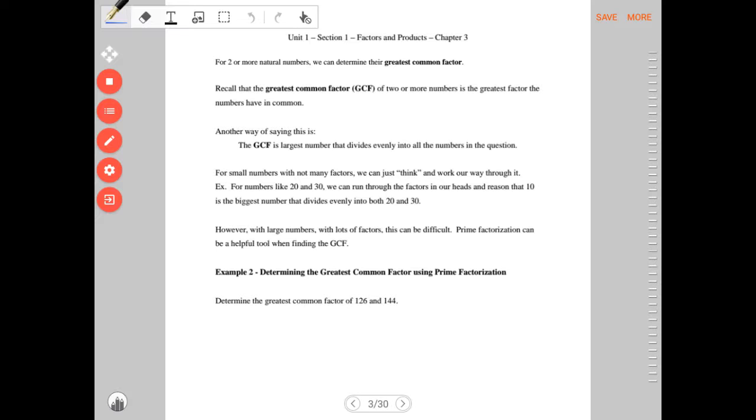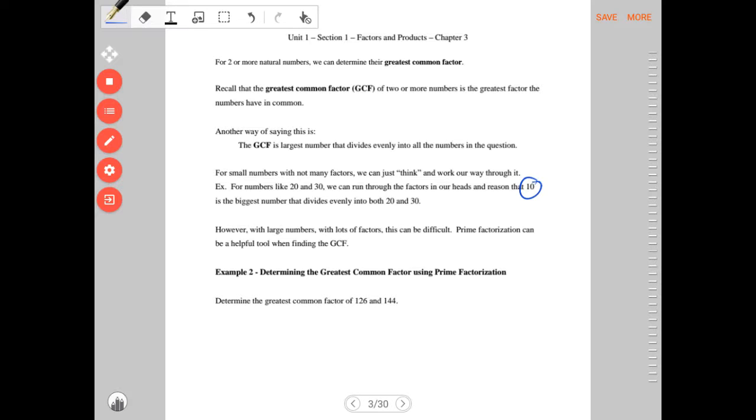For 30, 1, 2, 3, 5, 6, 10, 15, and then 30. When we go through those numbers in our head, we reason that 10 is the biggest number that divides nicely into both. So 10 is the GCF of 20 and 30.